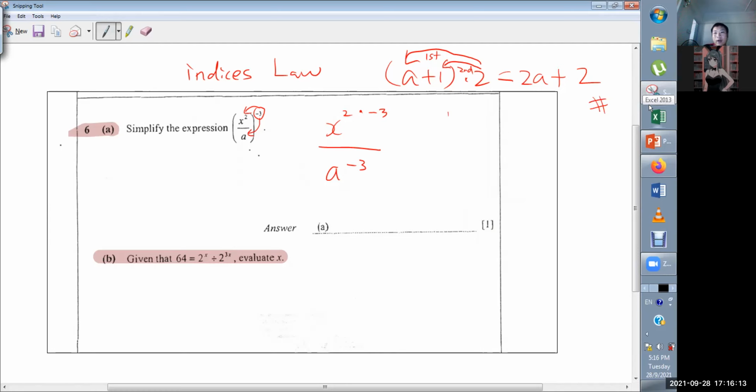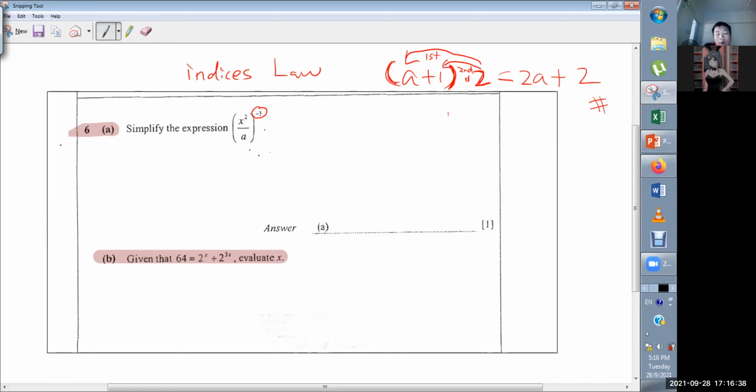So if you know that, when you have something in brackets, you times 2, you need to have first arrow and second arrow. So similarly, when you have this question, over here is not times 2. Over here is power -3. Can you see?